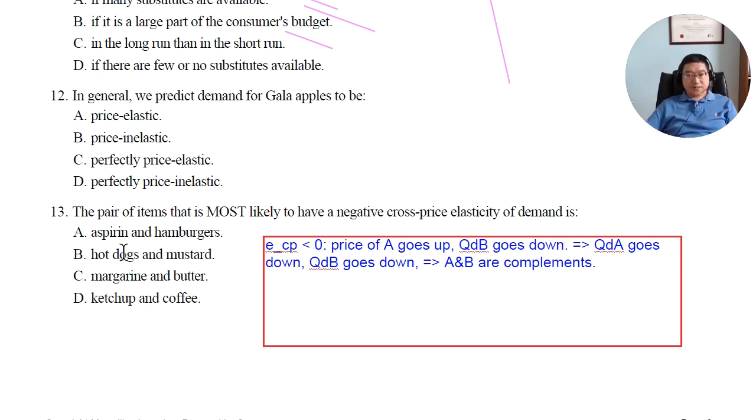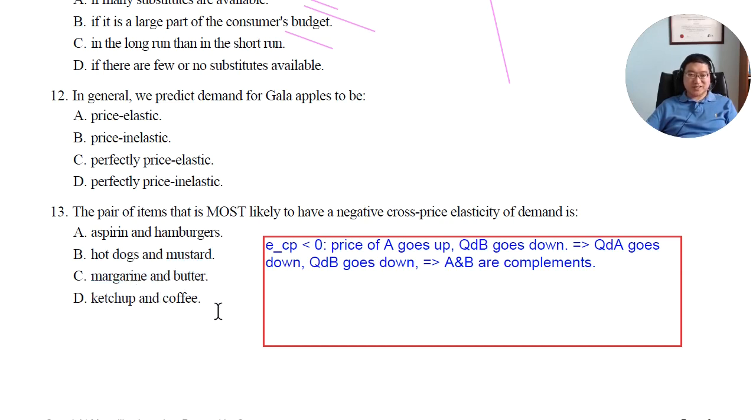Okay? So, aspirin and hamburgers, these two are not even related. Hot dogs and mustard, yeah, at least I do put mustard on hot dogs. A lot of people do, so we can consider them as complements. Margarine and butter, these two are substitutes, right?